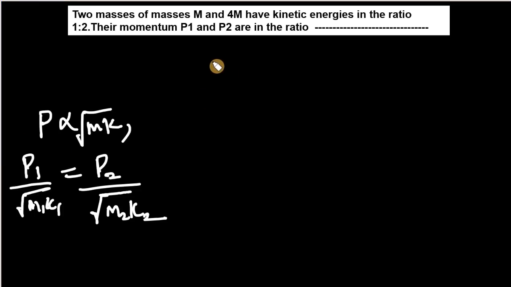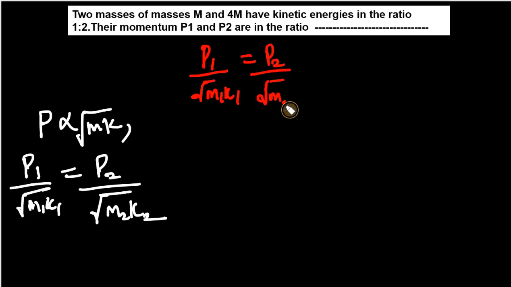Now, making use of this formula, P1 upon root m1 k1 equals P2 upon root m2 k2, where P is linear momentum, m is mass, and K is kinetic energy.